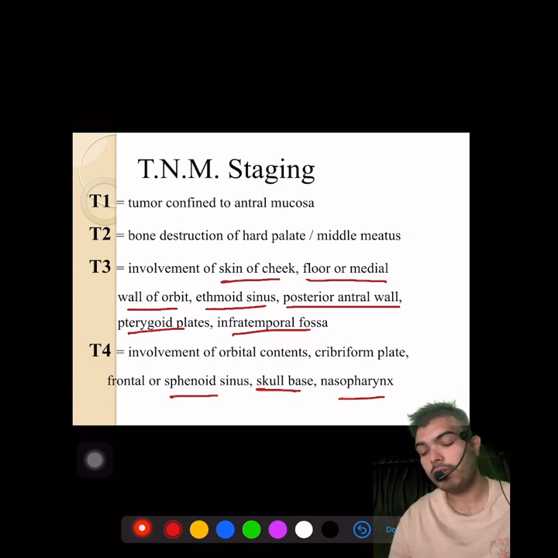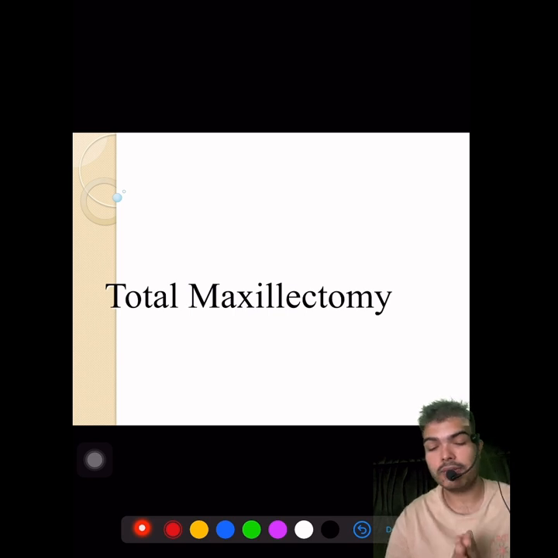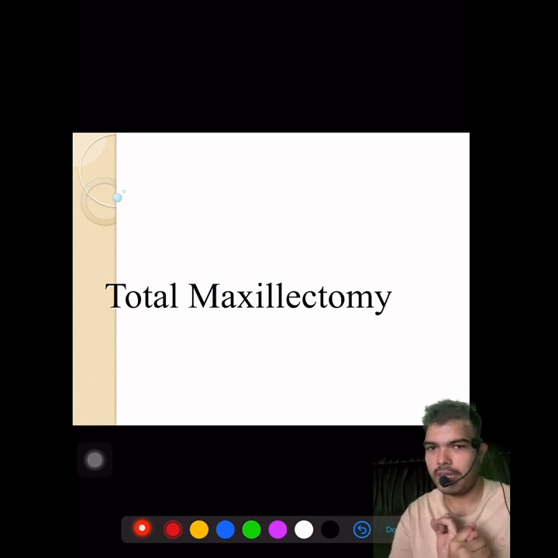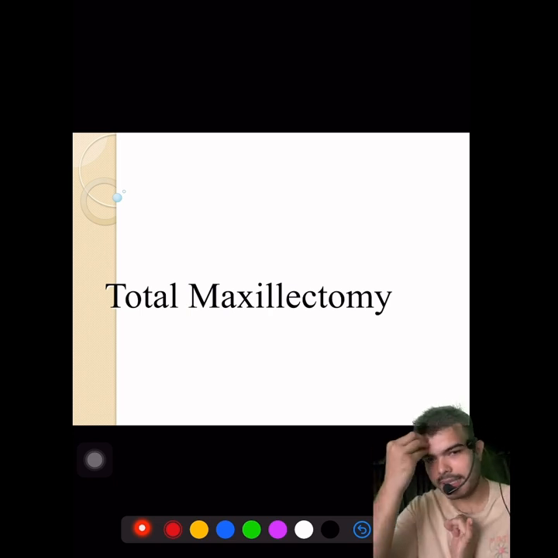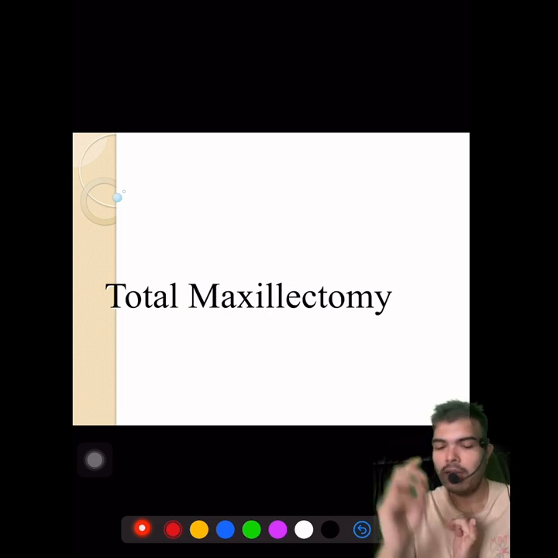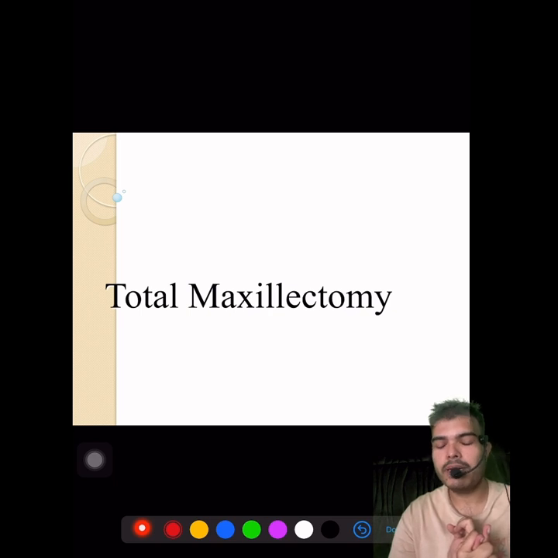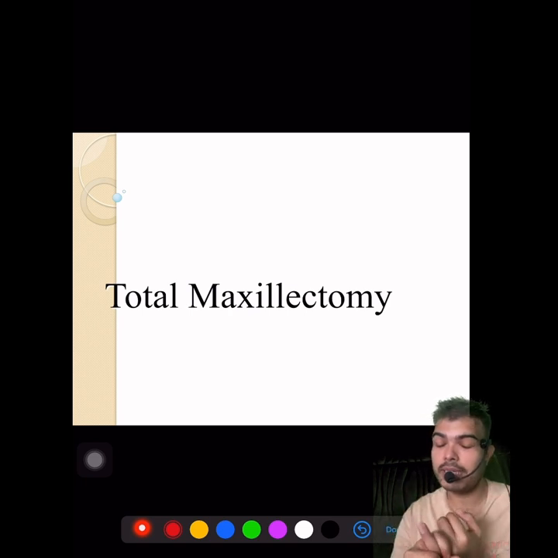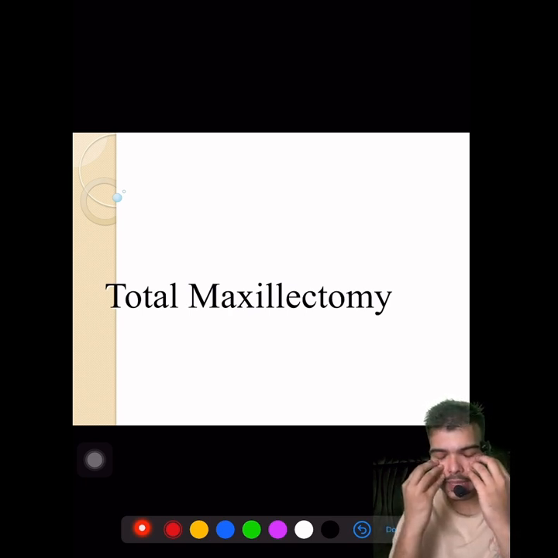Now let's revise all the things that we have studied in the case of sinonasal tumors. First thing we studied was osteomas, an incidental finding in your frontal sinus. Second thing we studied was ossifying fibroma, a mass that was seen in your maxillary sinus.